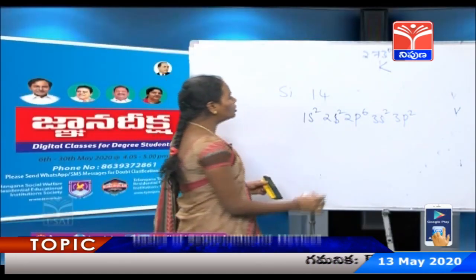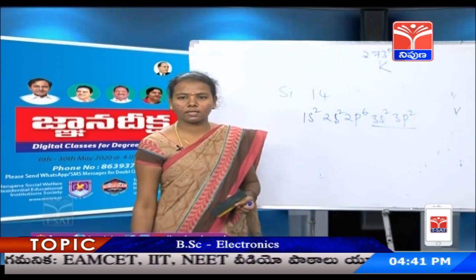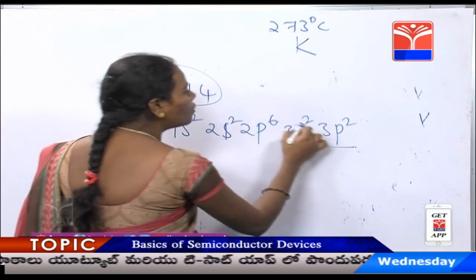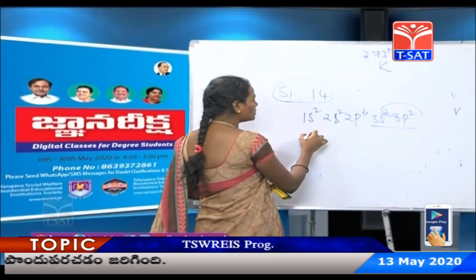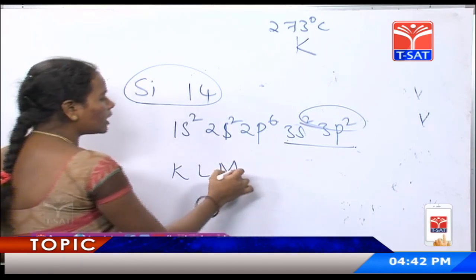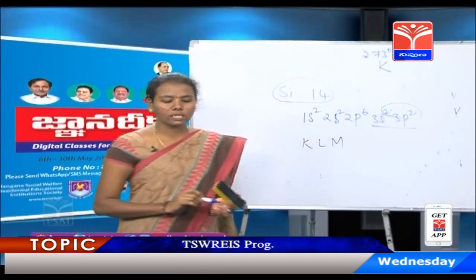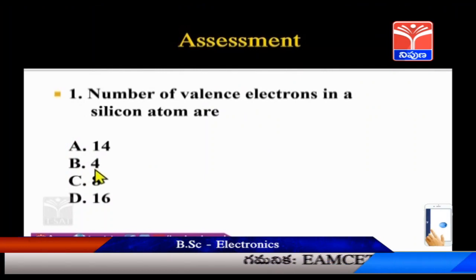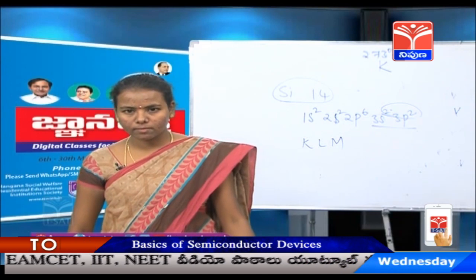The outermost shell electrons are called valence electrons. Silicon has 4 valency, because the shells are called K, L, M, and in the M shell we have 4 electrons. So the answer is B. Silicon has 4 valence electrons.